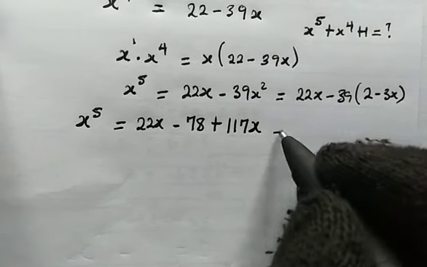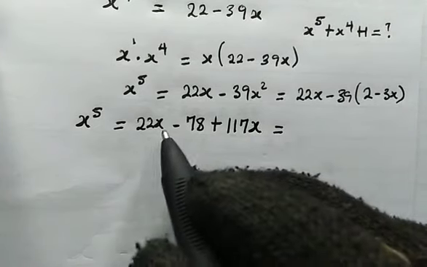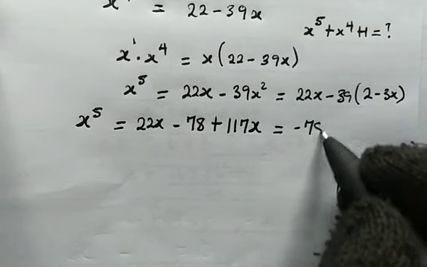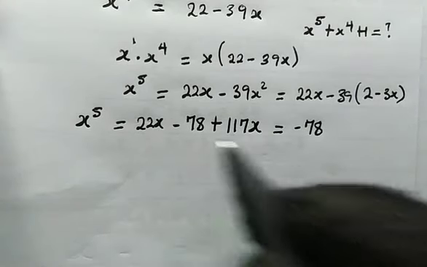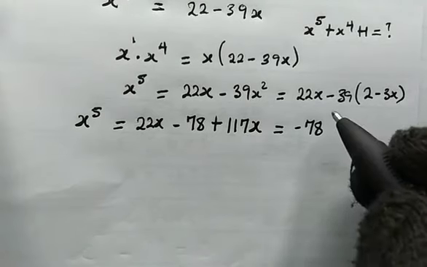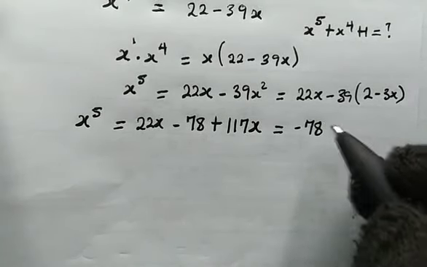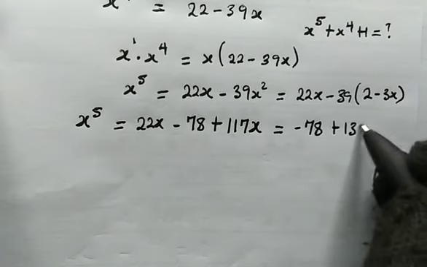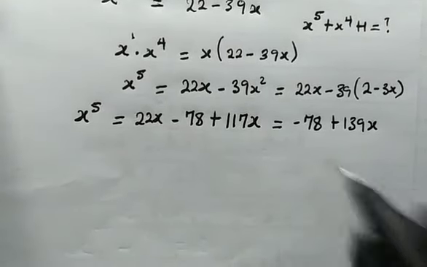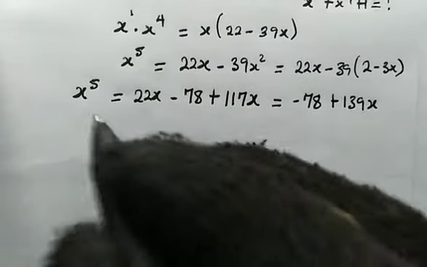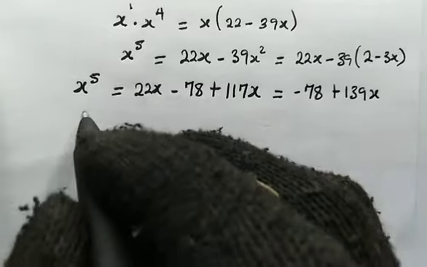Simplifying, we have negative 78, then 22x plus 117x gives us 139x, so plus 139x.